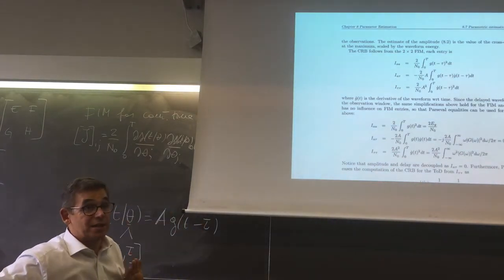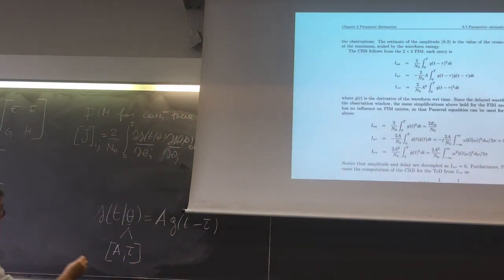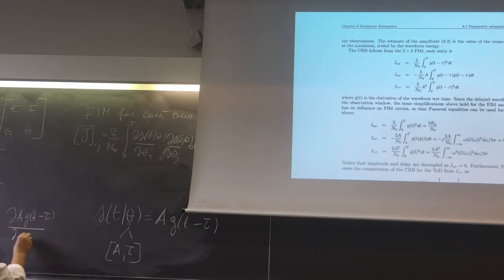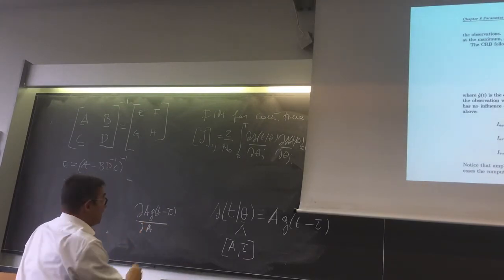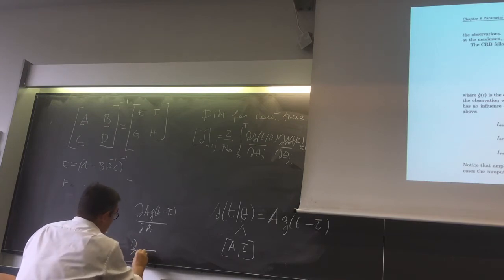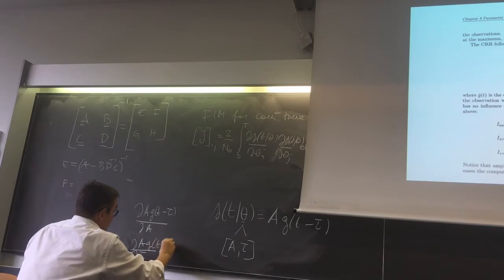What is necessary to apply the formula is the following. I need to calculate the partial derivative of A g(t minus tau) with respect to one of the parameters at a time. So I have the amplitude, and I need to calculate the other, which is the partial derivative with respect to tau of A g(t minus tau).